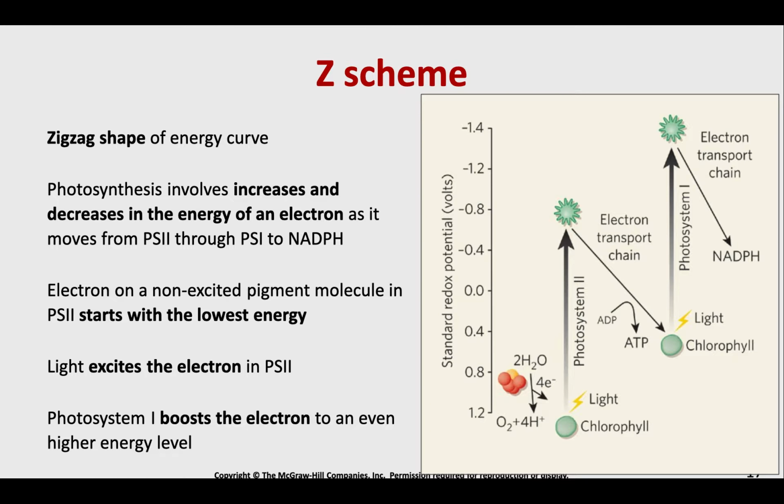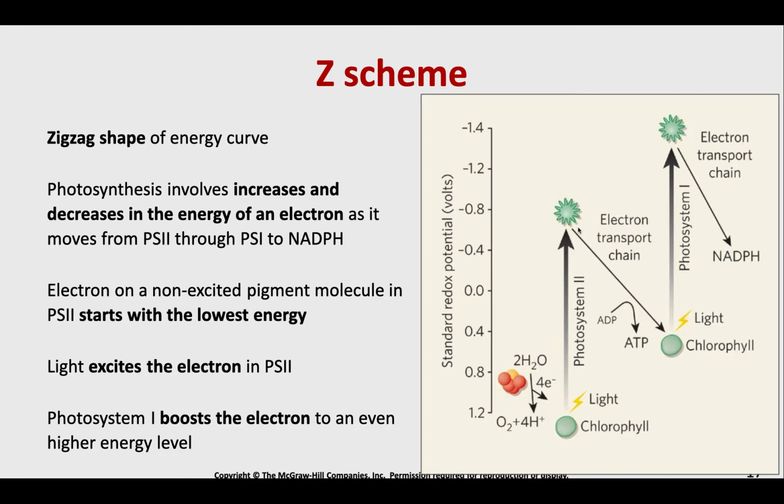All right, so big overview picture of the light reactions. A lot of times it's talked about as the Z scheme, because that electron is going through different states of energy. If we look at photosystem 1 here, we have light coming in, exciting that electron. We see that its potential energy has increased quite a bit.